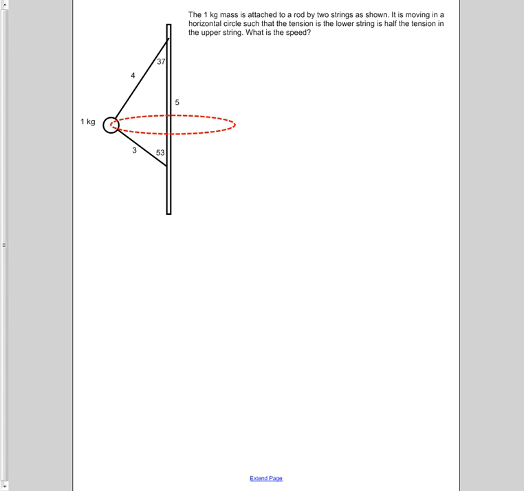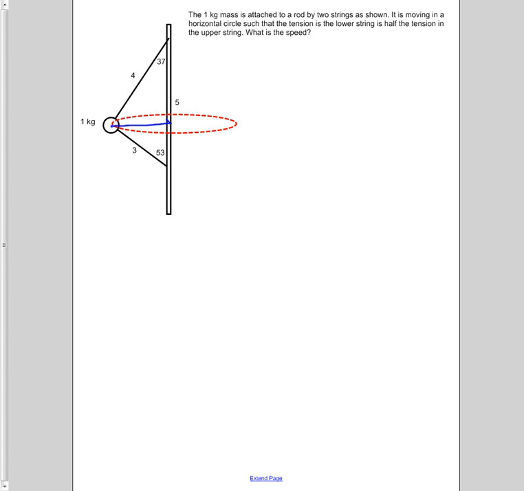That means I've made myself a 3, 4, 5 right triangle, and the angle that the upper string makes with the rod is 37 degrees and the lower string 53 degrees. Since this guy is moving in a circle, we're going to need to know what the radius of the circle is.